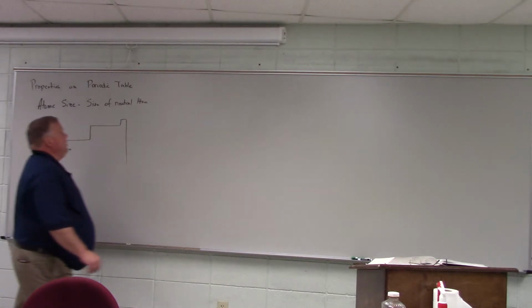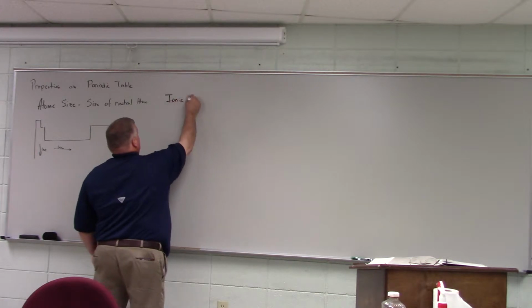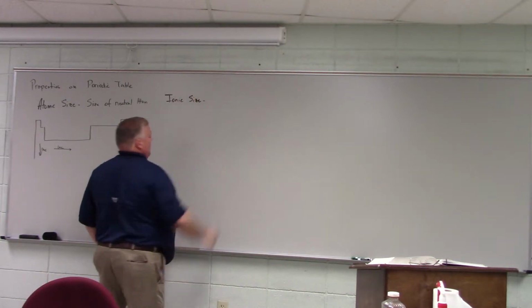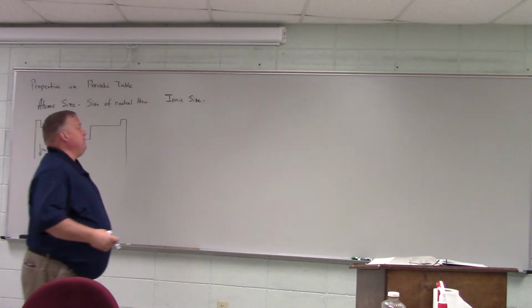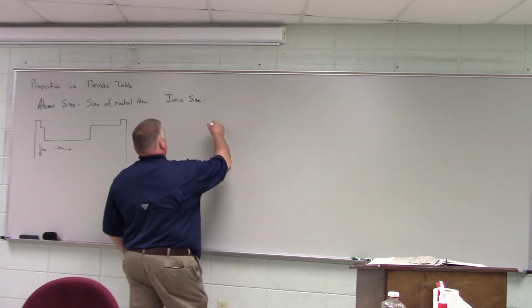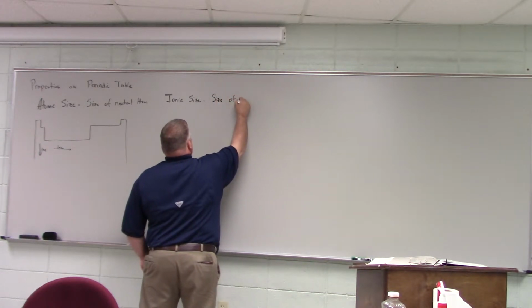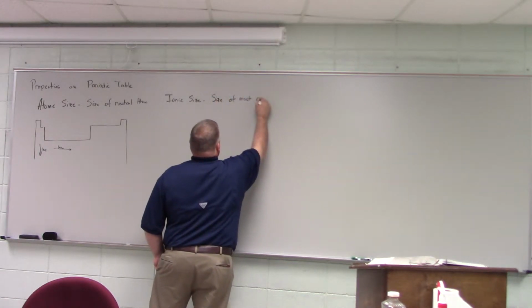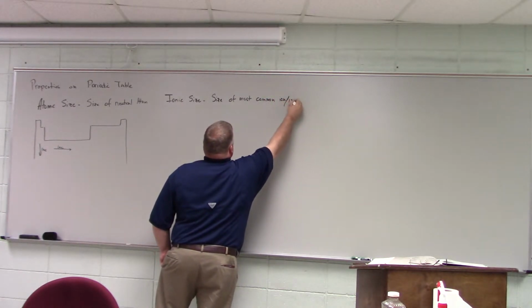Okay? The second property is ionic size. And we're going to do this a little bit different than the way the book describes it. Our definition of ionic size is the size of the most common ion.